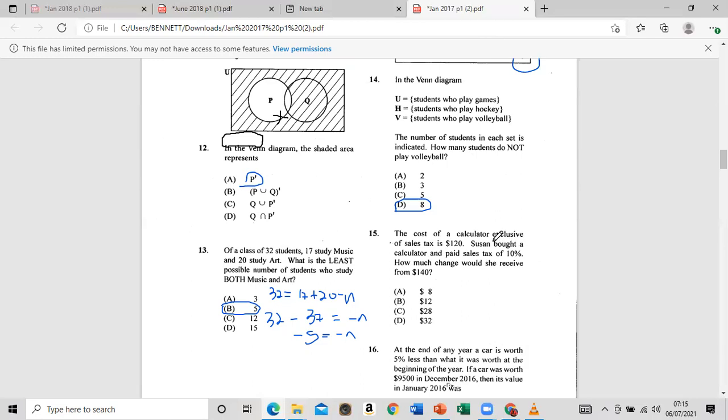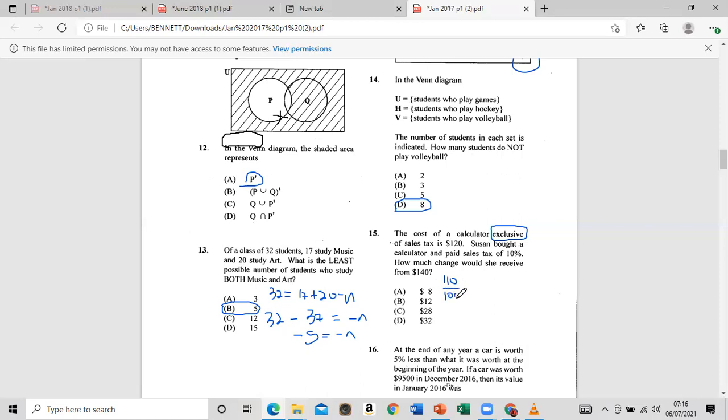If it was inclusive, it would have been inside of it, but it's not. So it's exclusive, no tax on the money. So the cost of the calculator is 120, and we're supposed to pay a sales tax of 10%. So we're going to increase it by 10%, so it's going to be 110%.